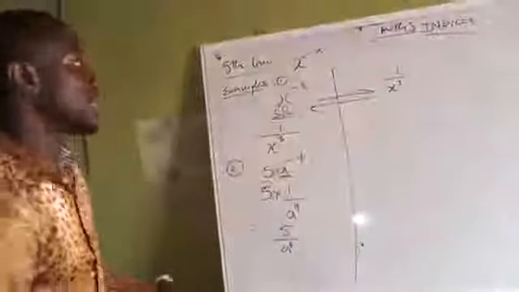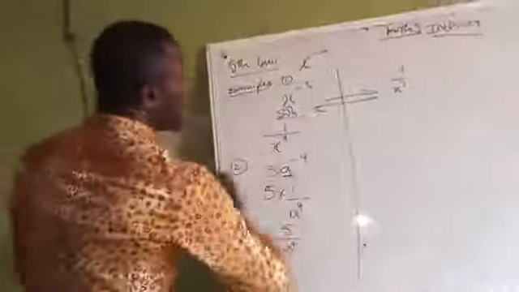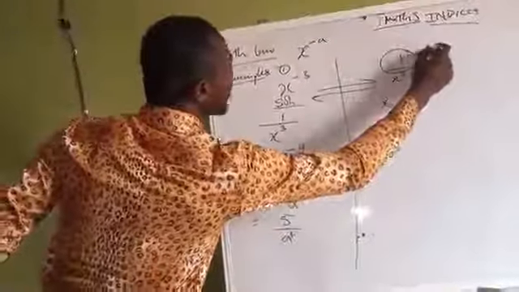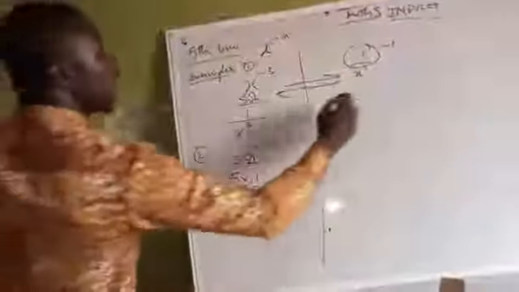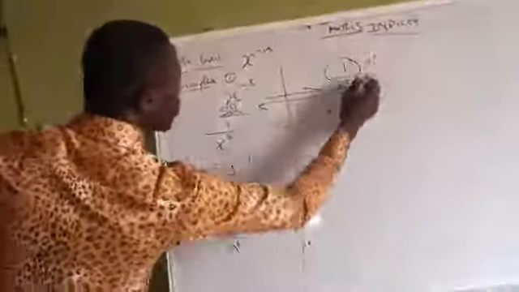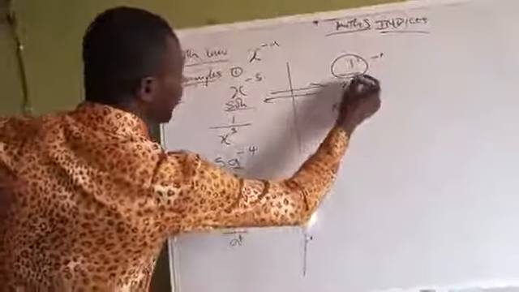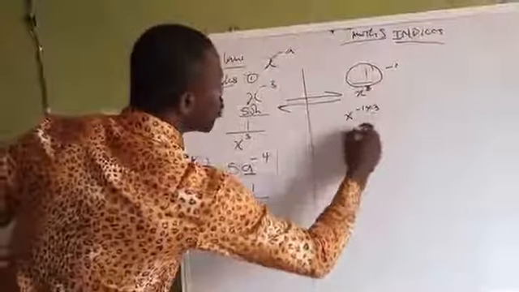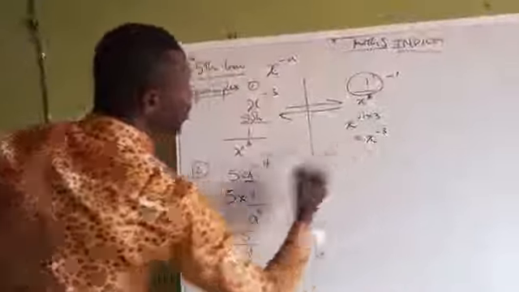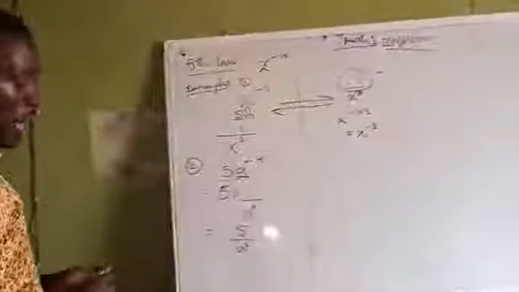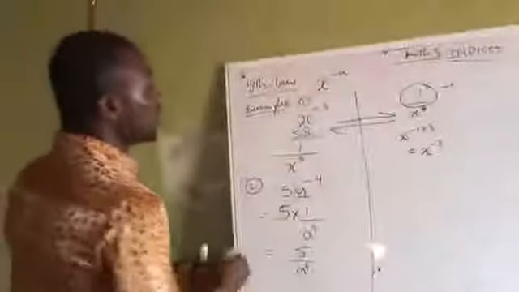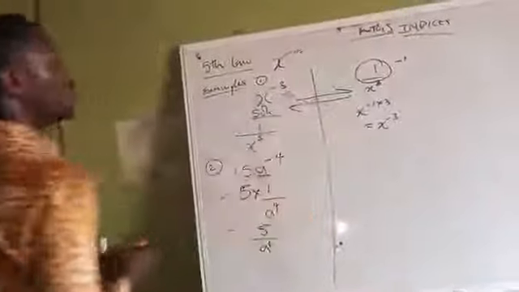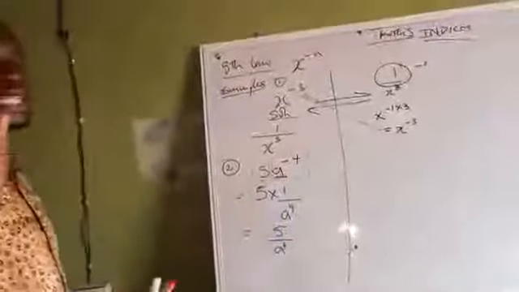You say that here we have x, and the 1 over is minus 1. Then what is the power here? The power here is 3. So minus 1 times 3, and we have x raised to power minus 3. Can you see the way we reverse it? Reversing the equation is just returning back to the original question.